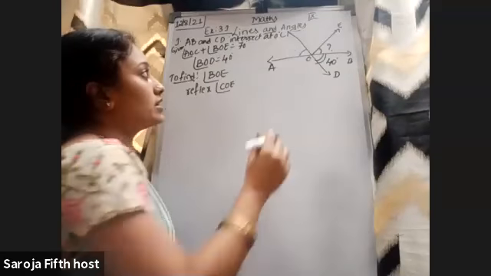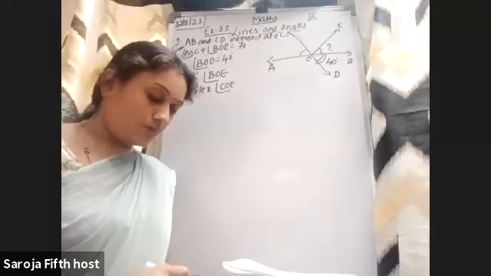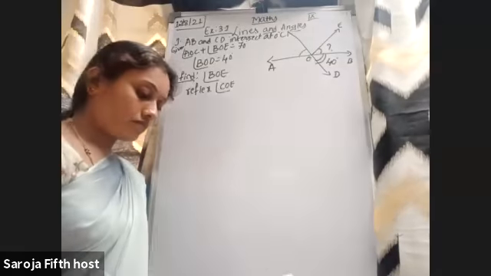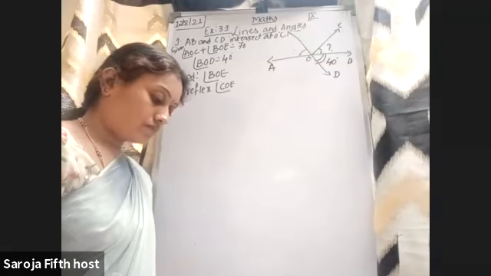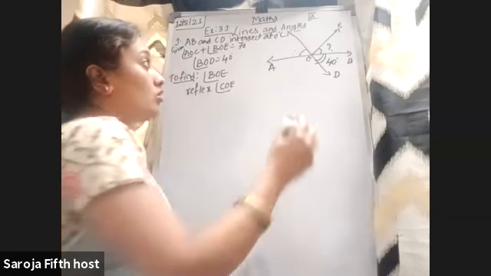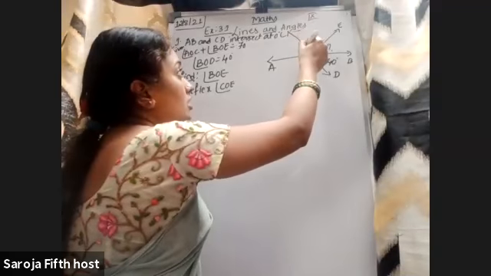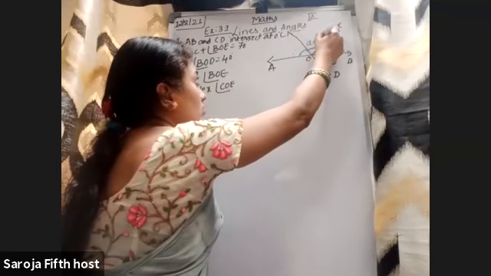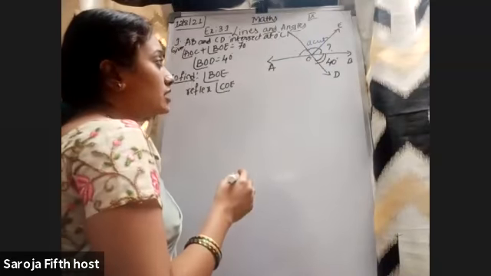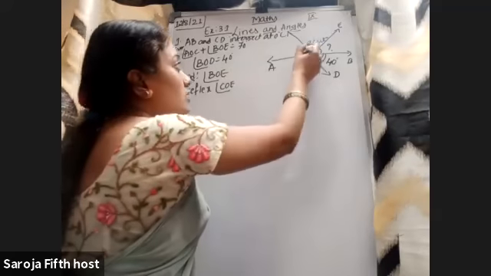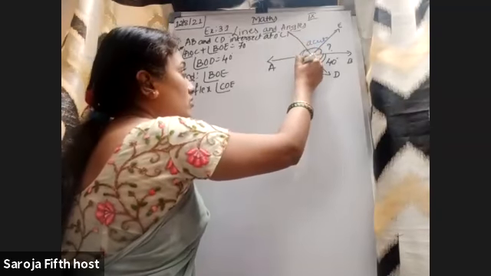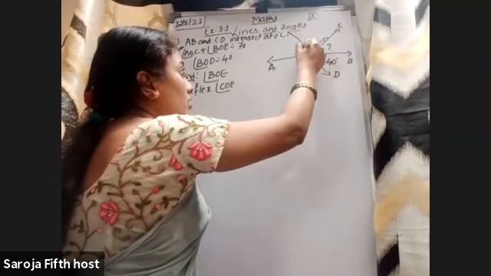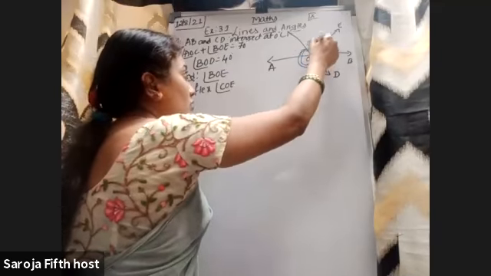Reflex angle COE is nothing but, I'll mark it with blue so you can understand. This is the acute angle COE, and the reflex angle COE is this much, which I marked twice with the blue pen.